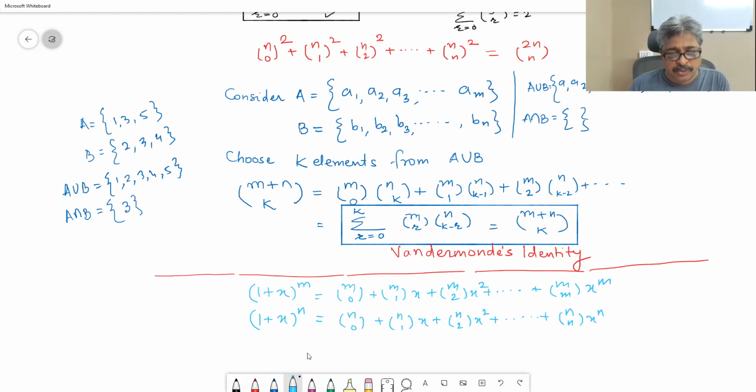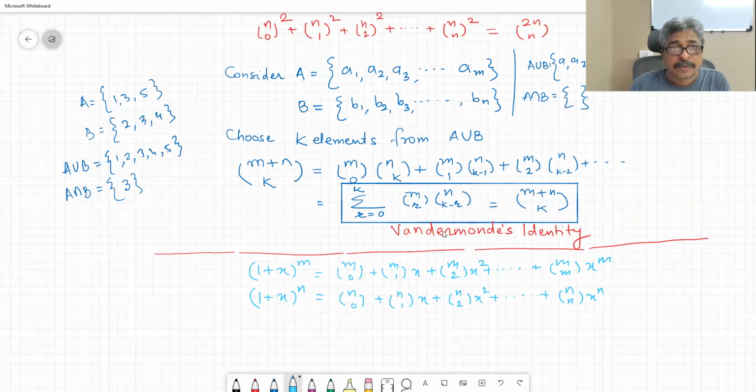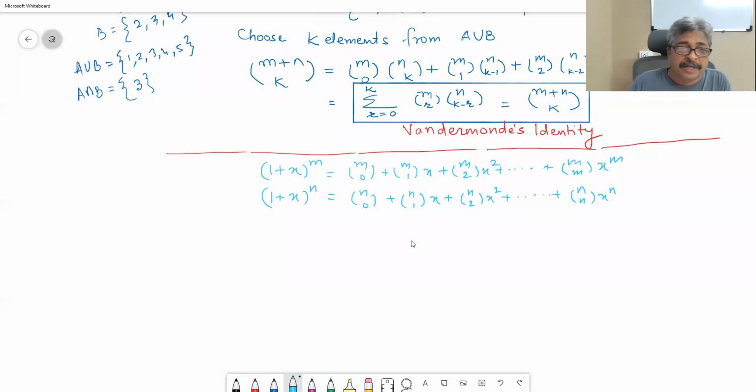Now if we multiply these two identities and look at the coefficient of x raised to k. If we multiply these two identities, then in LHS we will get 1 plus x raised to m into 1 plus x raised to n, which is equal to 1 plus x raised to m plus n, and it will have some binomial expansion.